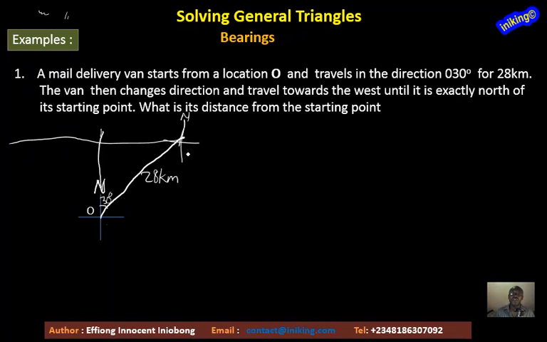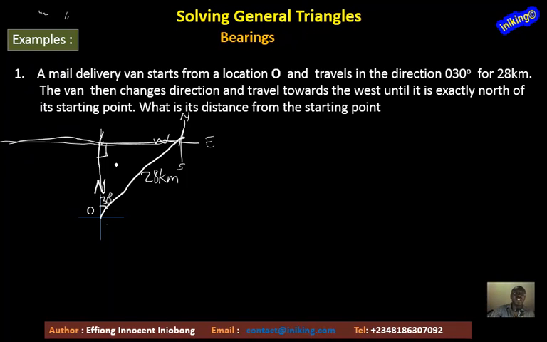Remember, this is our north, this is the south, that's the east, and this is our west. So the van traveled towards the west and stopped the moment it is exactly north of its starting point. Now, that means this will be 90 degrees.